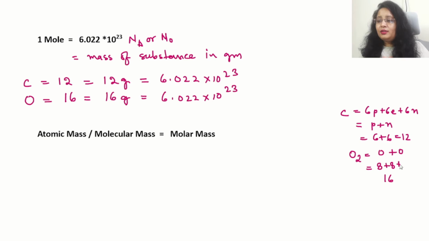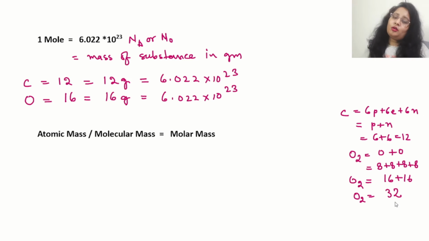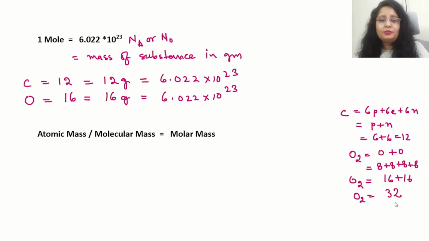In the same way, 8 plus 8, that is 16. So the oxygen molecule has 2 oxygen atoms, and both have 16 atomic mass. So for O2, the oxygen molecule, the molecular mass will be 32. Correct? So when we are talking about atomic mass, we take the mass of the atom, and if we are talking about molecular mass, we take the mass of the molecule.